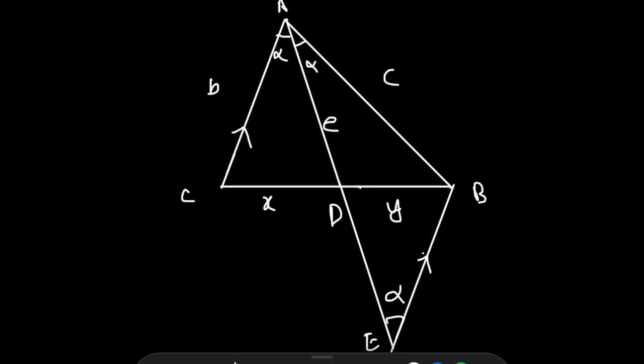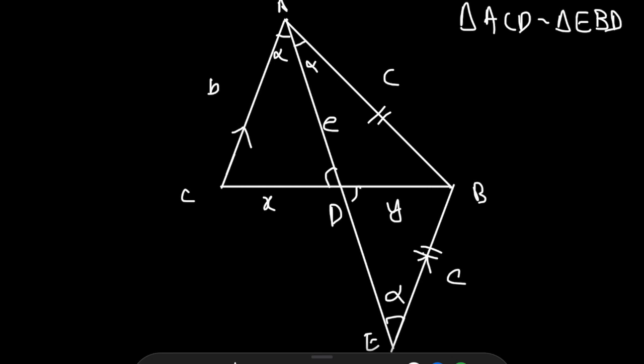Since angle DEB is alpha, and since angle DAB is alpha, we know that triangle ABE is an isosceles triangle. So this side is going to equal this side, and we're going to have BE is equal to c. And the similarity comes from the fact that these two angles are vertical angles, which means that triangle ACD is similar to triangle EBD by angle-angle similarity.